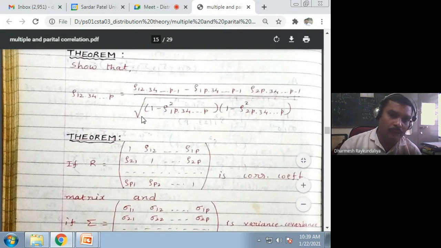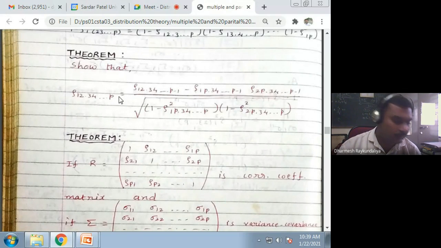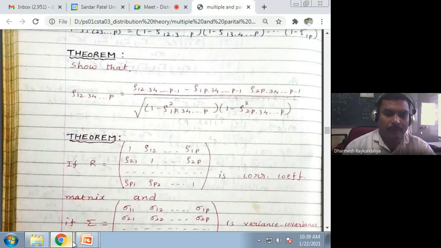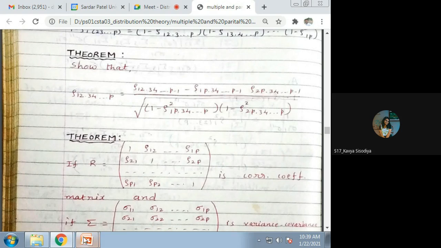So by using this relation, if you substitute p equal to 3, what will you get? Suppose you take p equal to 3, what happens?